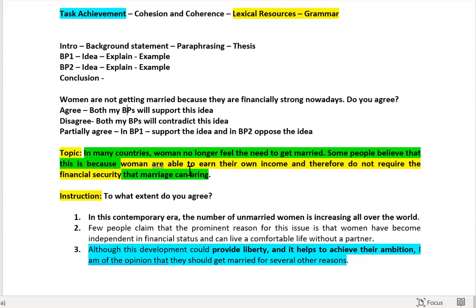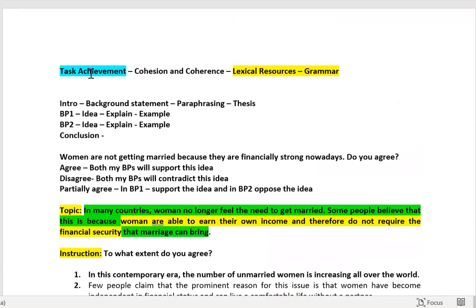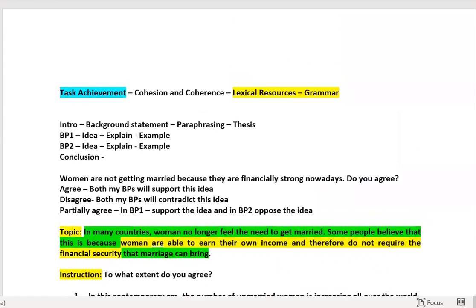Let's take an example. In one sentence you write 15 words, and you write how many sentences?